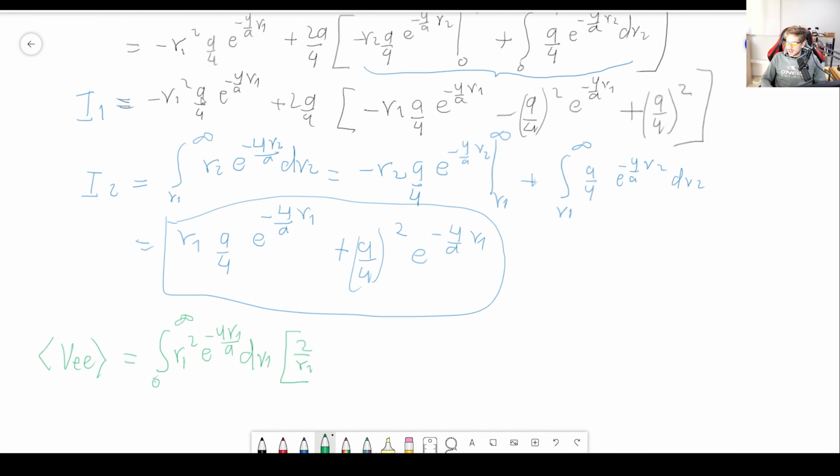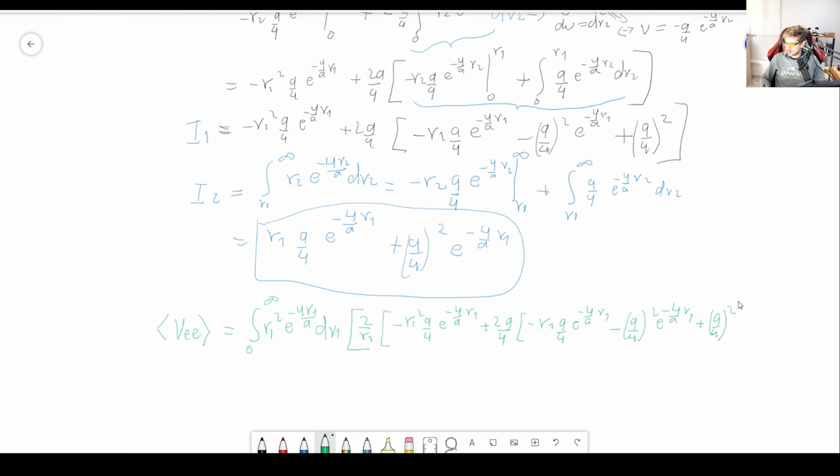So that's going to be minus r1 squared e to the minus 4a r1 plus 2a over 4 r1... I'm not going to do anything just yet, I'm just going to copy it: minus r1 a over 4 e to the minus 4a r1 plus a over 4 squared. And then we still need the second integral.